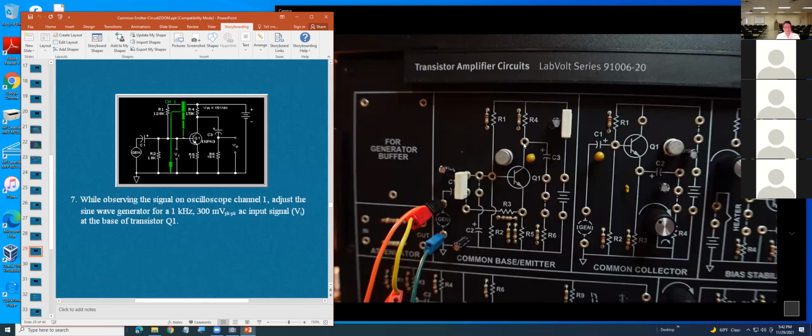Okay, any question? You understand this CE amplifier, that means the generator will be applied to the base and the output taken from the collector. Only thing is, the input and output will be 180 degrees out of phase.